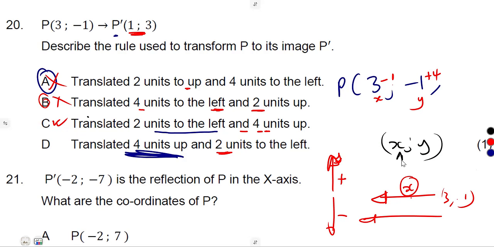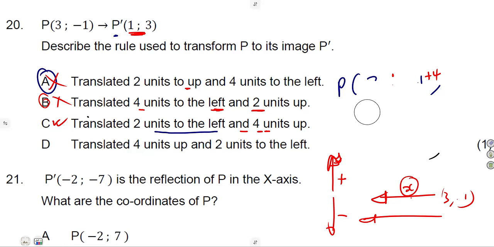So x is affected first. But in D, they started with y. So the sequence of how the points are given is the one that will make us not say it is the correct answer. So D is affected because of the sequence, but in terms of the layout of the answers, it was going to be correct.